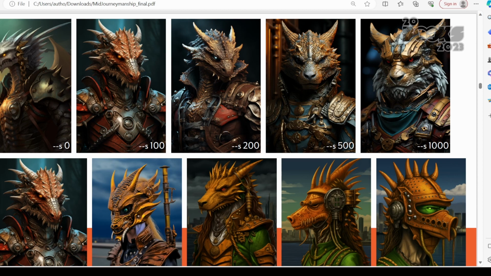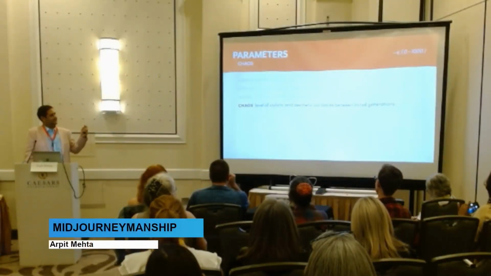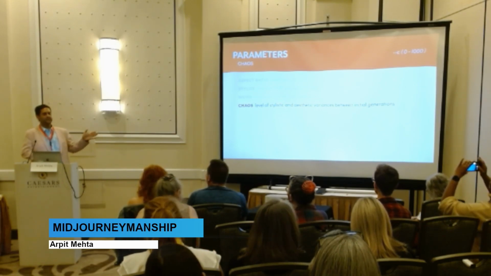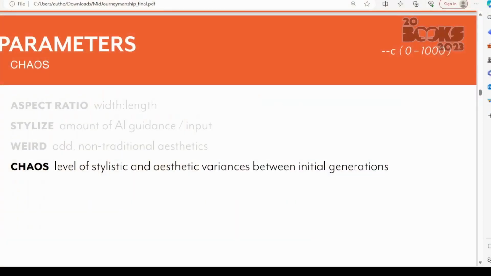Now chaos. The default for chaos is 0, and what chaos does is, in that initial 4 grid that you get when you put through a prompt, the variety that you're going to see between the images is what chaos does.